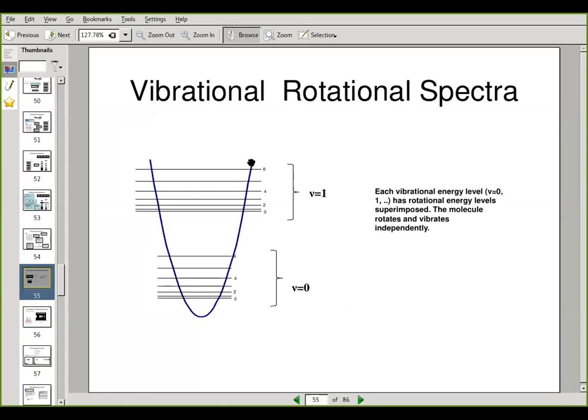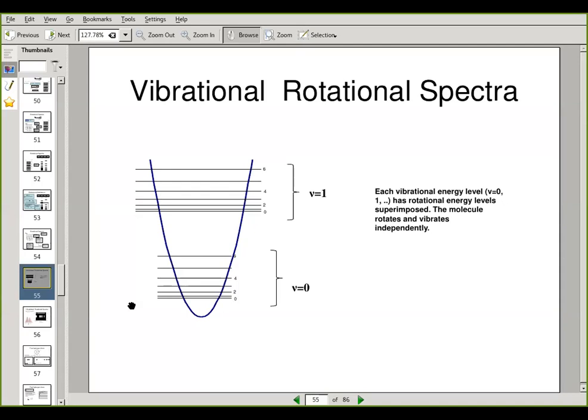It's not a Morse potential, but I'm using that for simplicity. And of course, remember, your vibrational energy levels in a harmonic potential are equally spaced together. But in the real case, for real atoms with the Morse potential, the first jump matches quite well between harmonic and the Morse potential. So that's what I've got here.